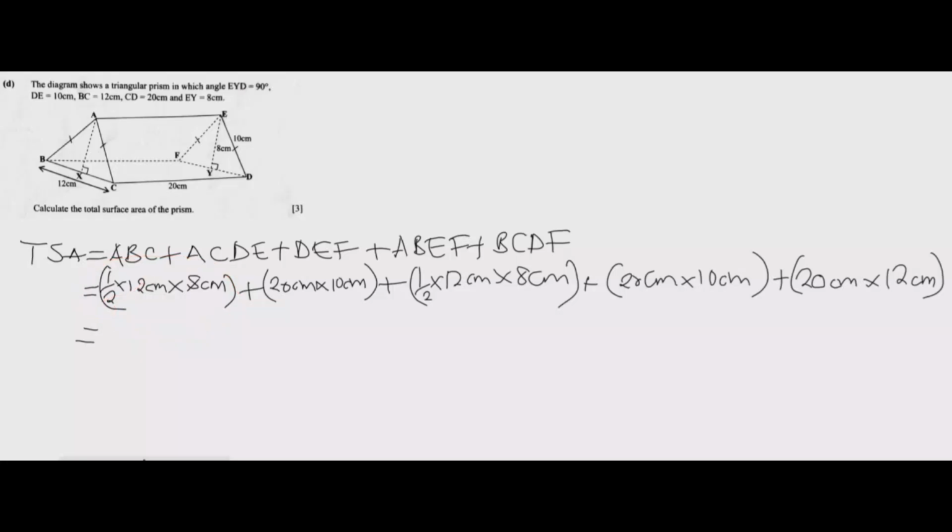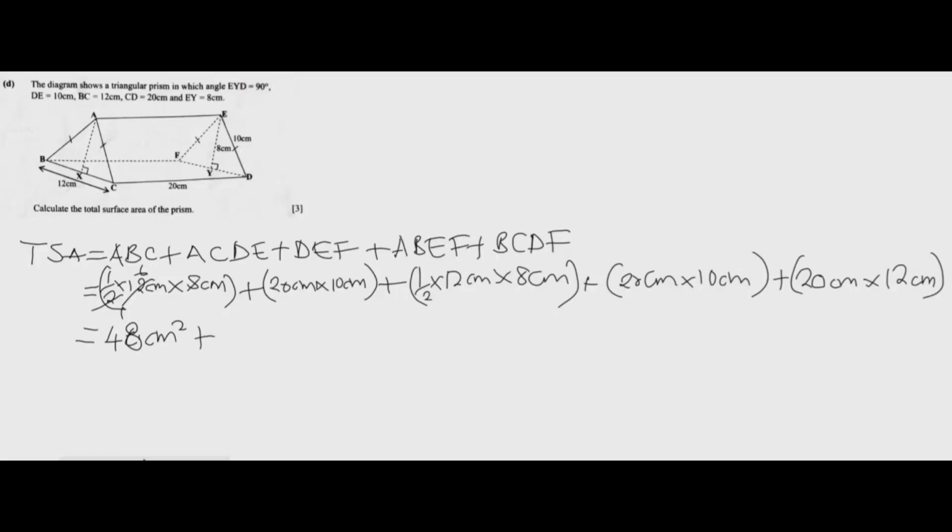What I did there is here it's 1, in 12 it's 6. Then 1 times 1 is 1, 1 times 6 centimeter gives us 6 centimeter, and 6 centimeter times 8 centimeter gives us 48 centimeter squared.